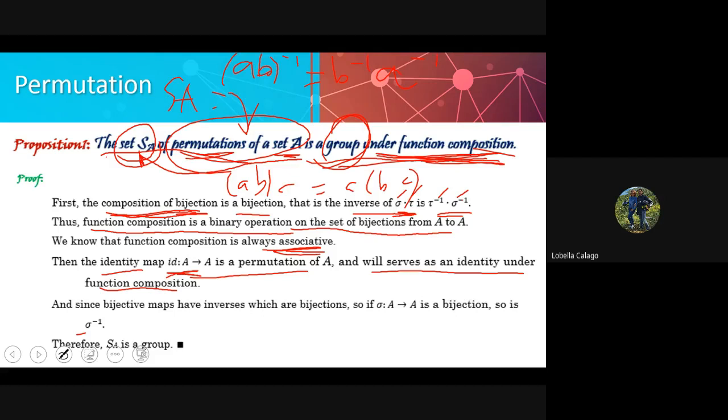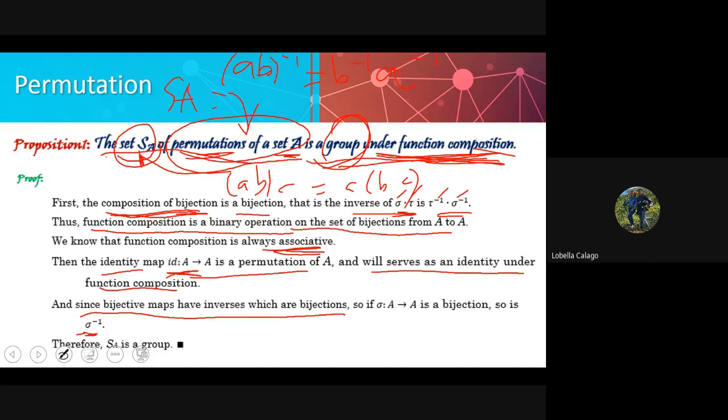Next, we need to find out if the inverse exists also. And since bijective maps have inverses which are bijection, therefore, there exists inverses. So, kasi nga, di ba, meron siyang inverse. So, yung inverse na yon magbabiject din, magmamap din to its sariling inverses.